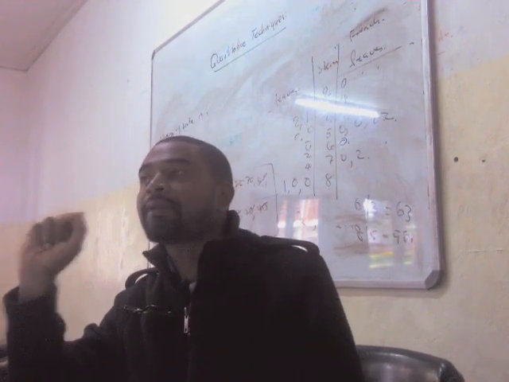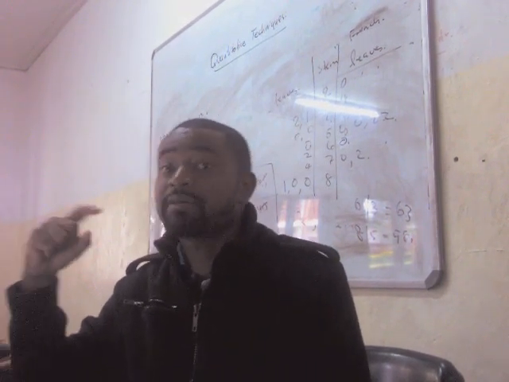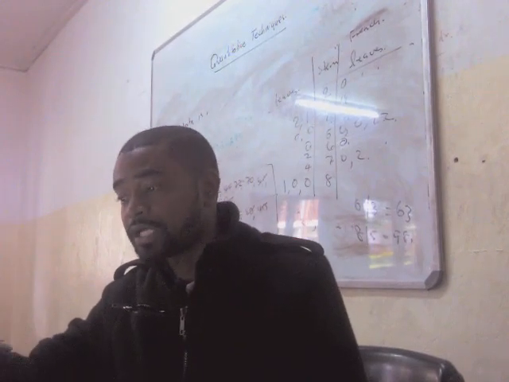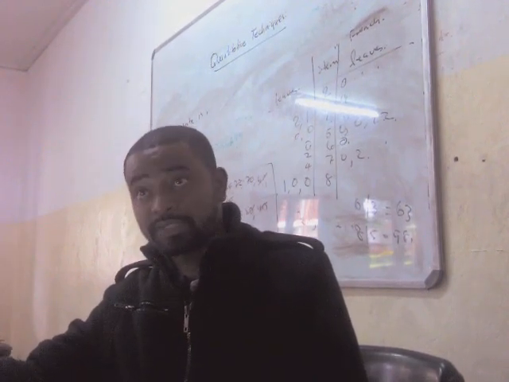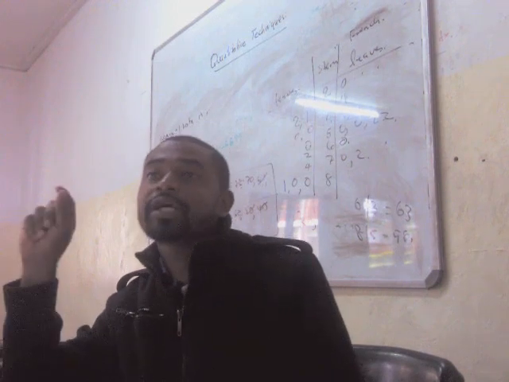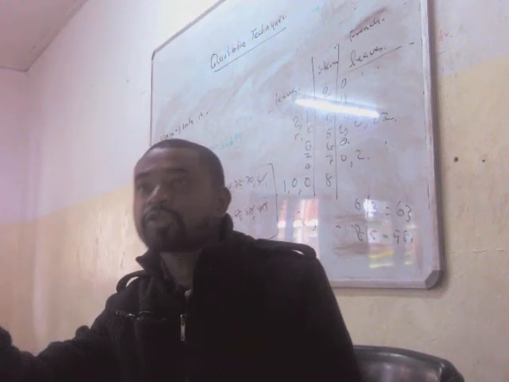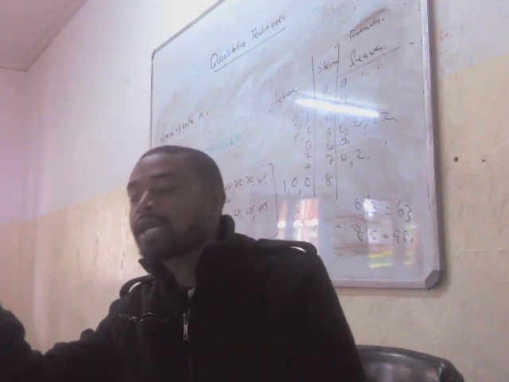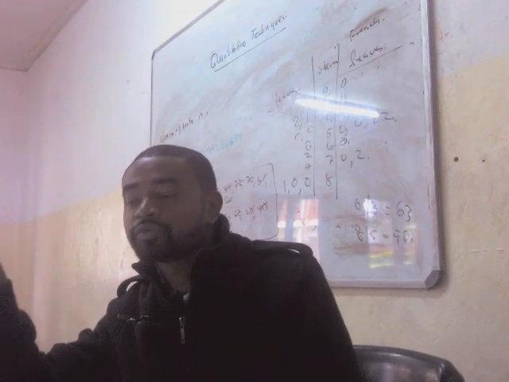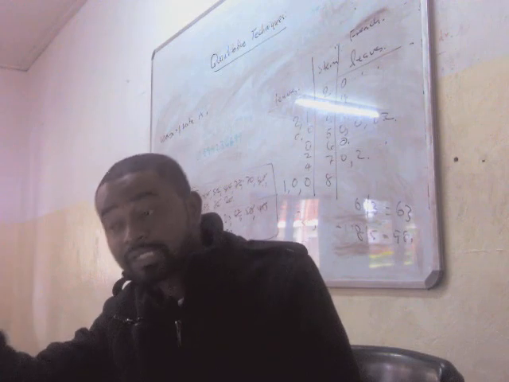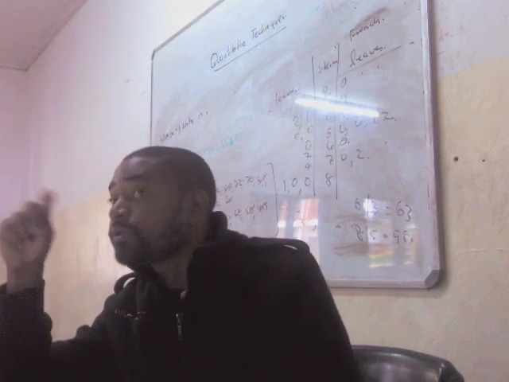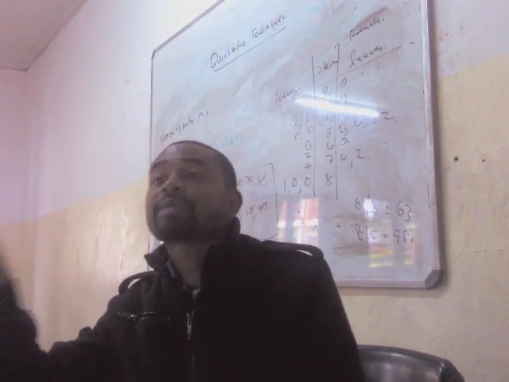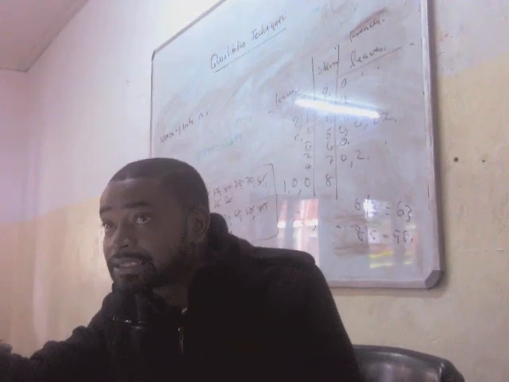Then the third spectrum is the one we are looking at now, application. So how do we apply the management functions? What are the management functions? Planning, organizing, directing, and controlling. So what is it that we are doing with these functions? We are applying them to plan in terms of issues of compensation, in terms of how do we maintain people, but also in terms of how do we select.